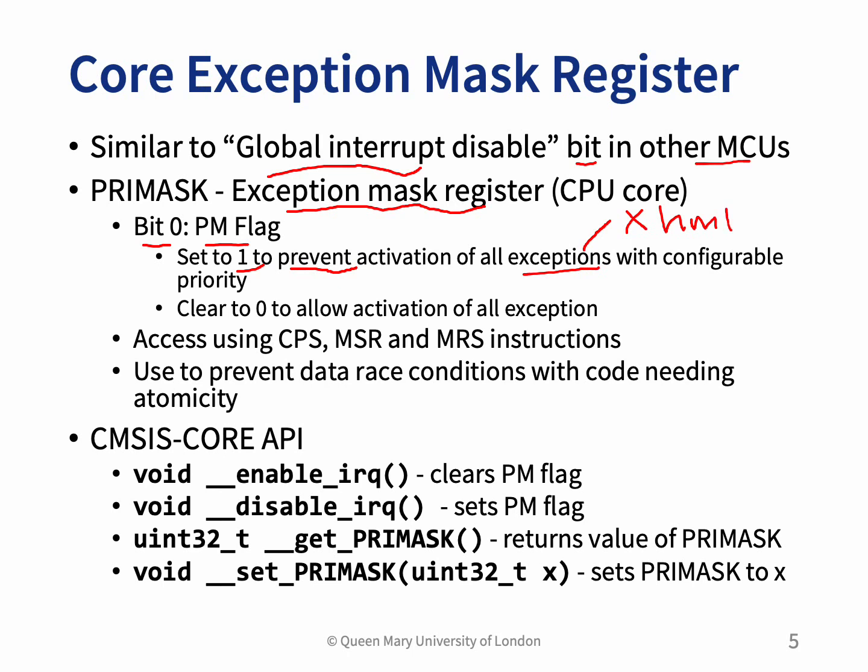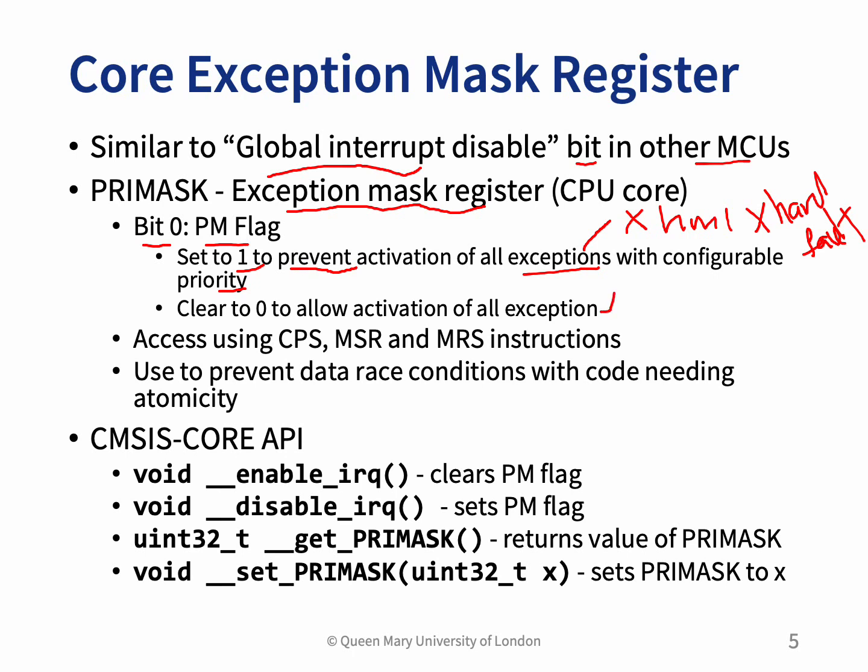So we cannot avoid that. And the next one is the hard fault, right? Those exceptions we cannot prevent. For the rest, we prevent them with the configurable priority. Alternatively, we can clear it to 0 to allow the activation of all exceptions.